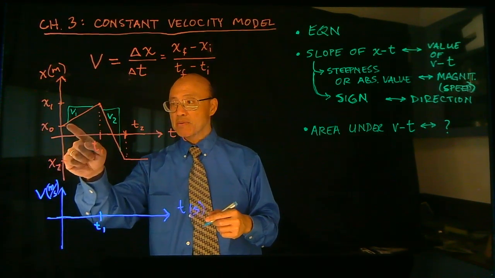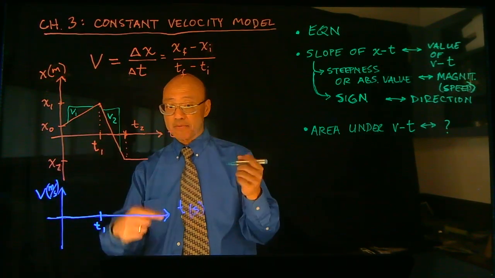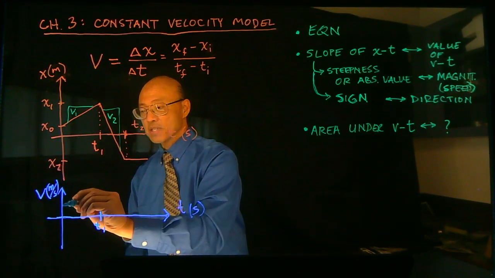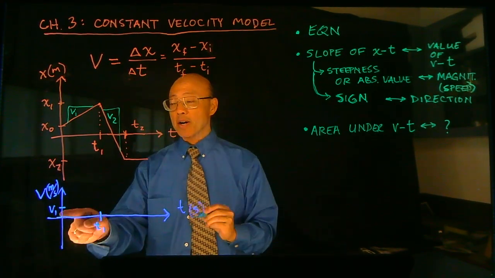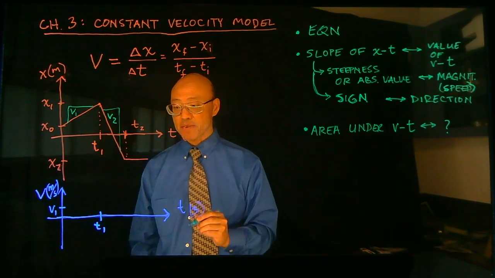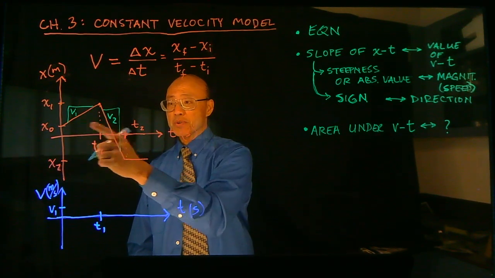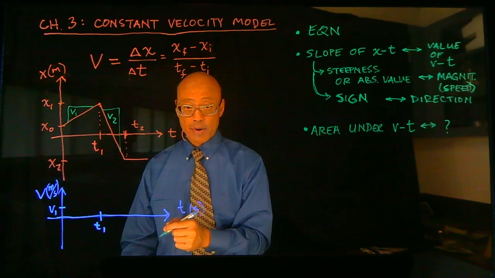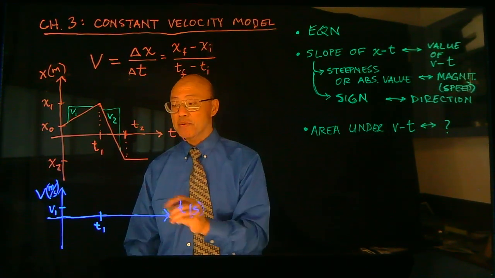So whatever that V1 calculation gave, it would be a positive number because my slope's positive, and it doesn't change. The slope anywhere from 0 to t1 is the same number. Hopefully you're good with that. If not, let me know.